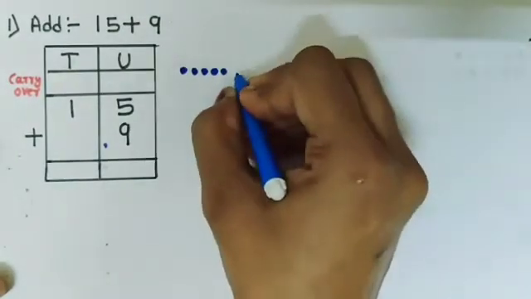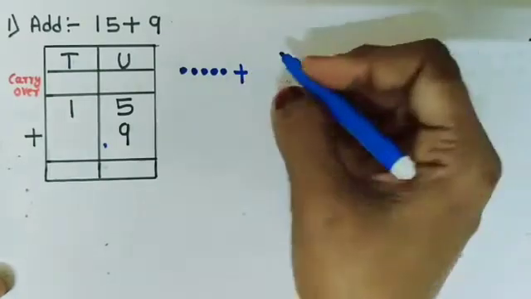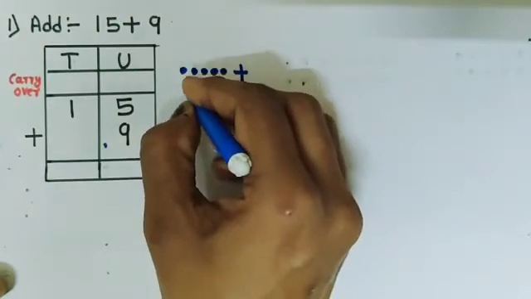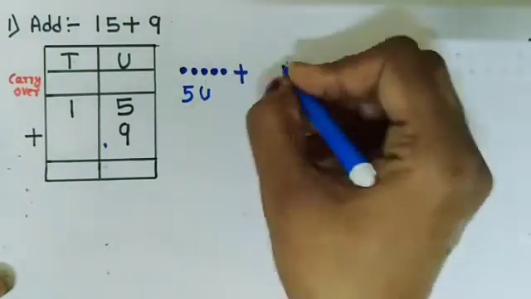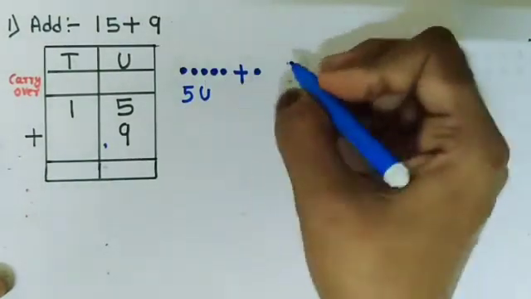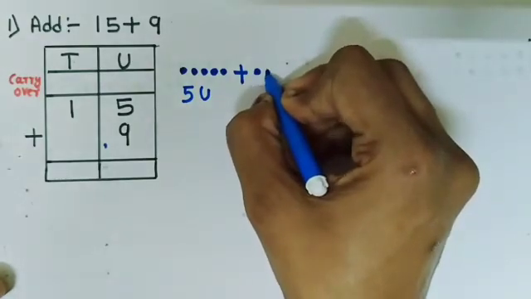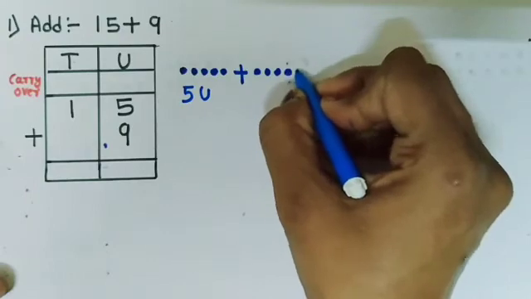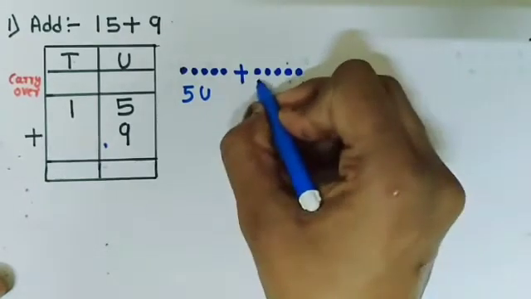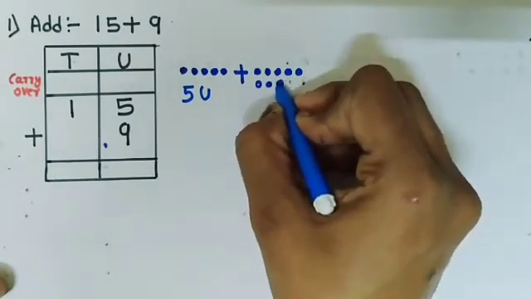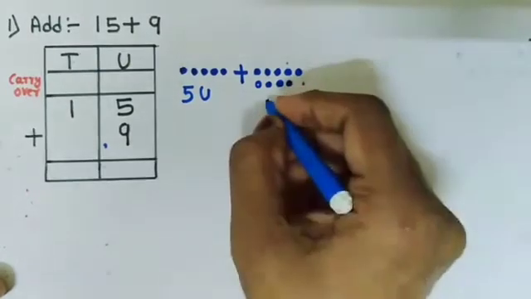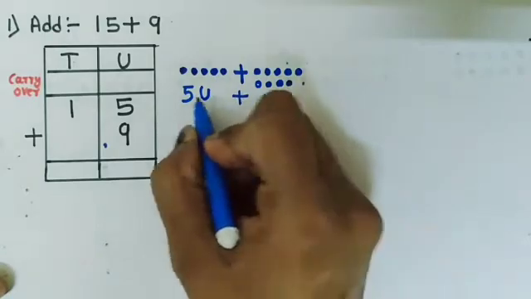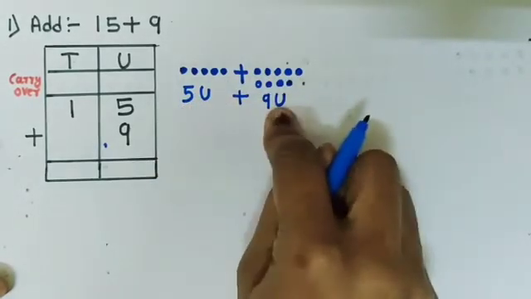Now I am drawing 9 dots more. These are 5 units, and now I am going to draw 9 dots. 9 dots. So I will write here 9 units. So what will be 9 plus 5?